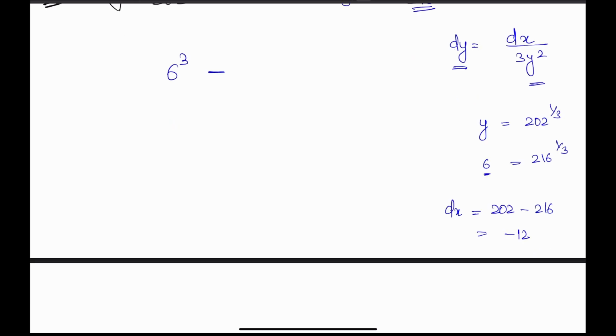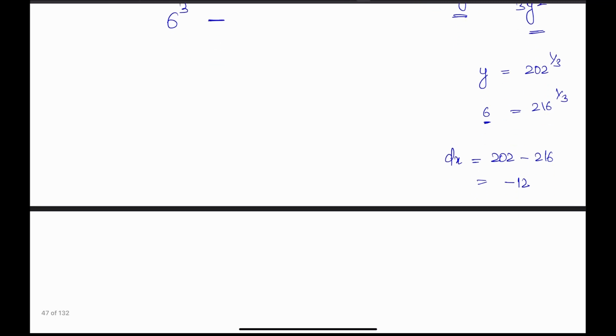For those who are having issues understanding, let's understand with the help of a normal graph or normal line bar. Suppose this is 202 and this is 216, and this corresponds to 6, and this is y1. If this is y1, this will be x1, and this is y, this is x.